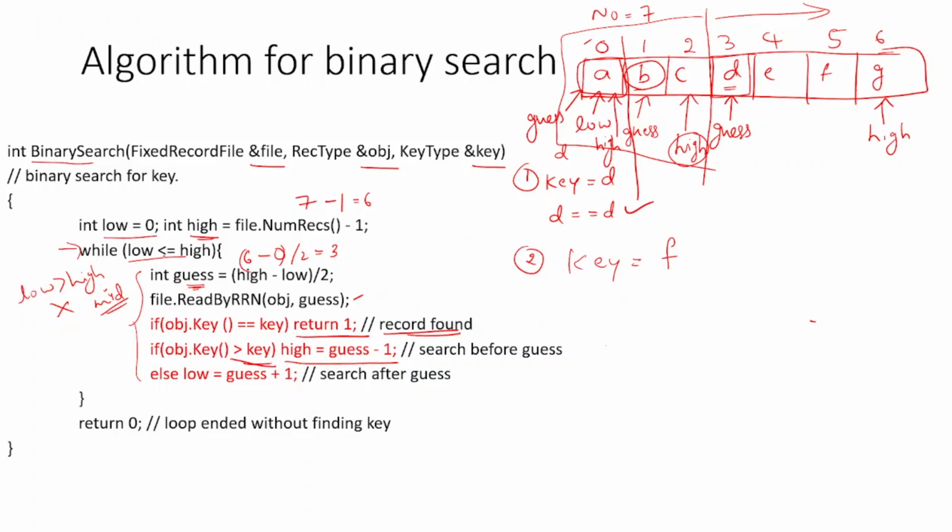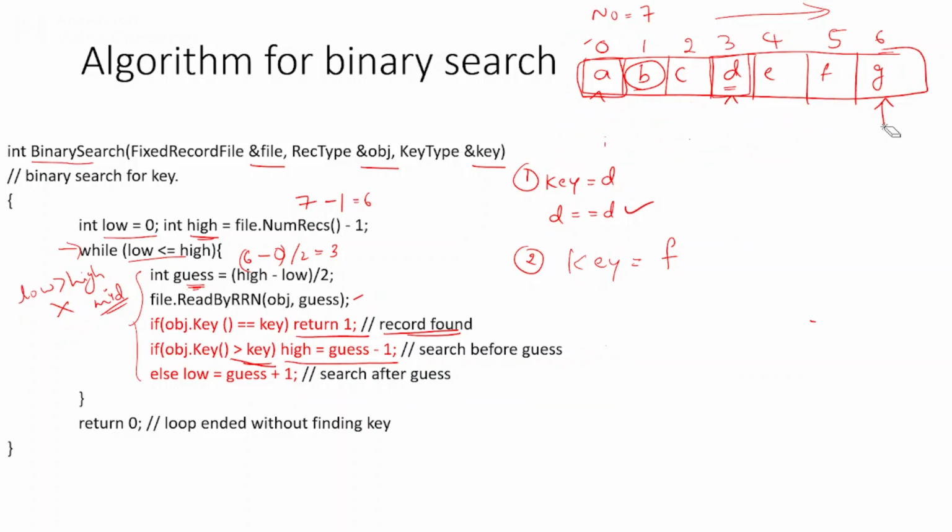Initially it will come over here, and we will erase all these things in order to avoid confusion. So this is your low, this was your high, and now I have sent key is equal to f. Now I am going to find out the guess. Guess is nothing but this point, right?